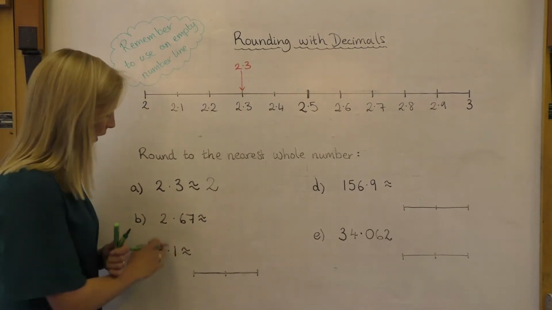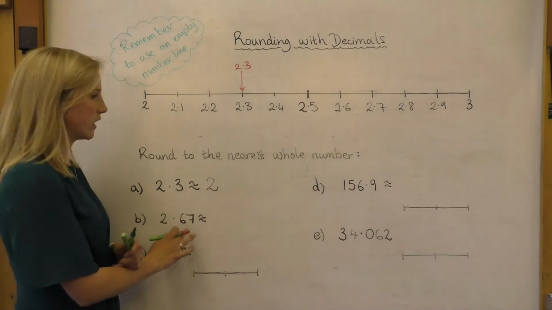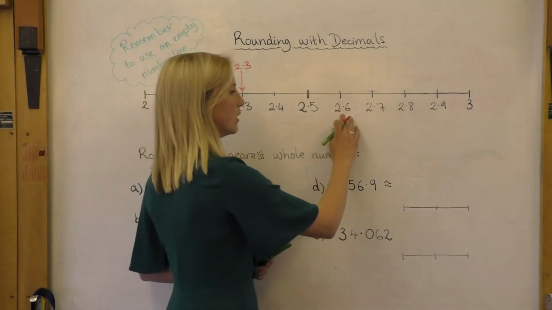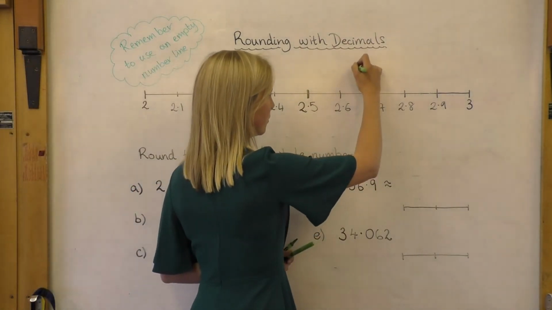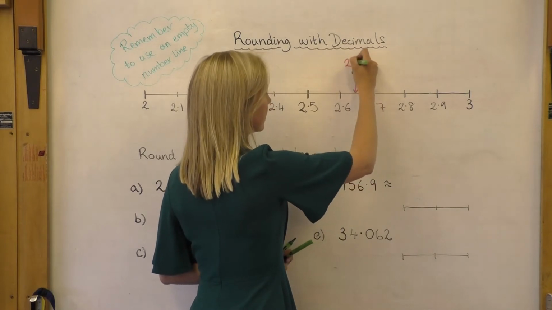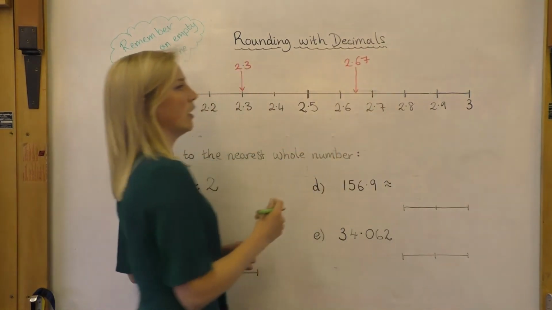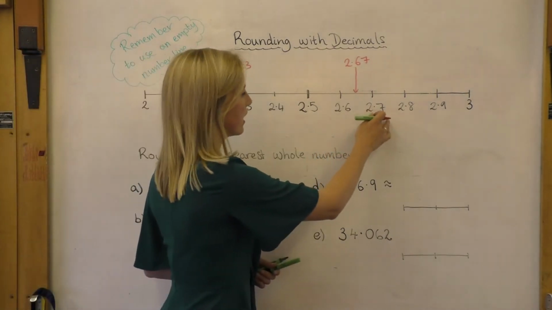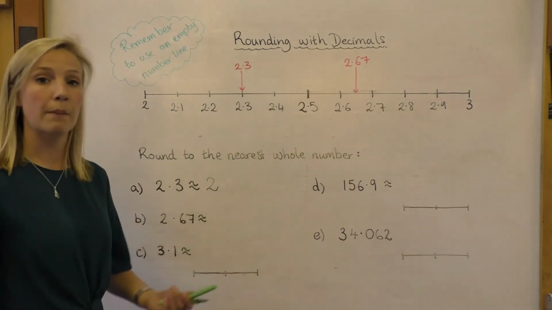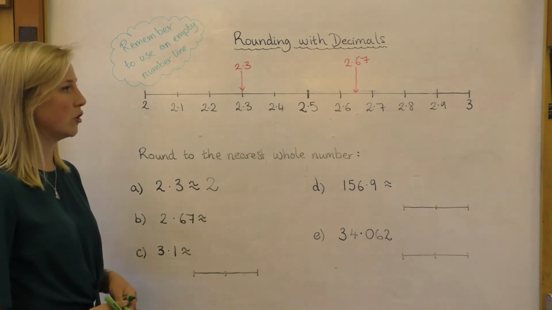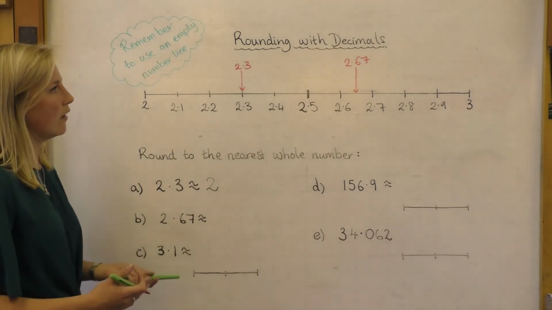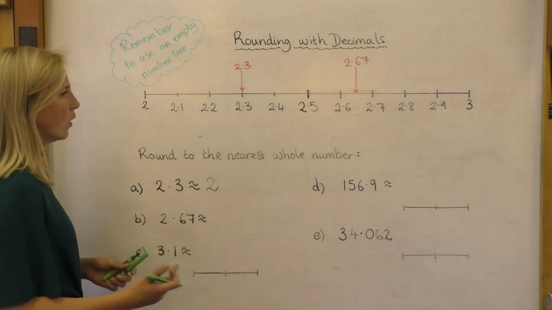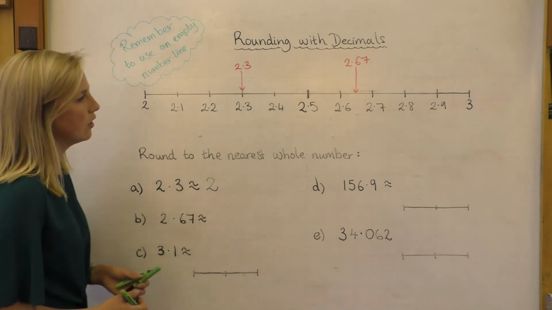Now 2.67. Well, what I know about the number 2.67 is it lies somewhere between 2.6 and 2.7. And for this example, it doesn't matter whether it's closer to 2.7 or 2.6 because we're rounding to the nearest whole number. But in fact, it is slightly closer to 2.7. Now, in this case, I'm looking at which whole number it is closest to.